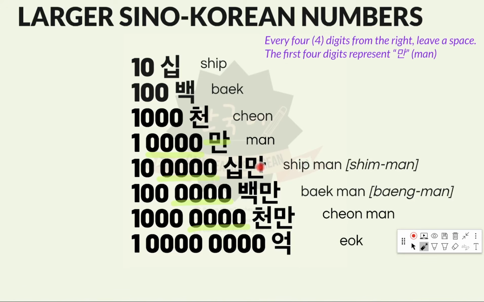So, itong man po, hindi na siya mauulit. Okay? Man is said once in the whole number. So, I'm just showing this to you as visualization lang po. Para nakita nyo, bakit shipman, bekman, at chonman. Sorry, I will nasalize it na. Shipman, bekman, chonman. Kasi po, itong ship, bek, chon. Yan po, ang ship, bek, chon.